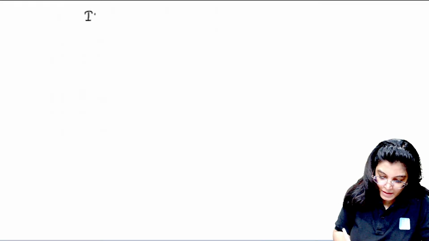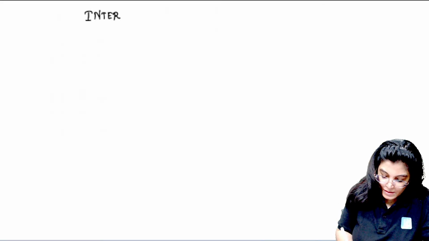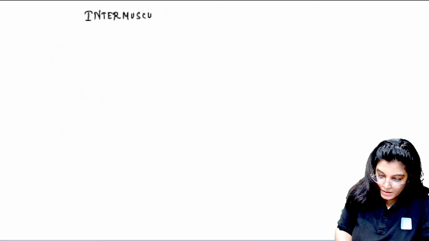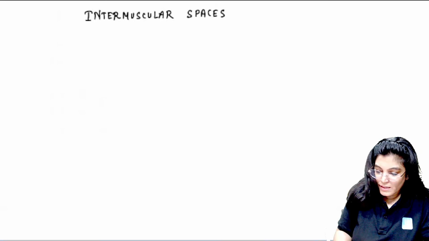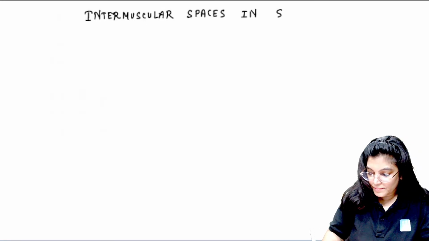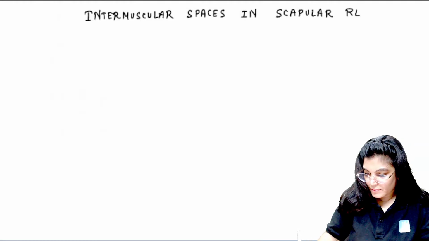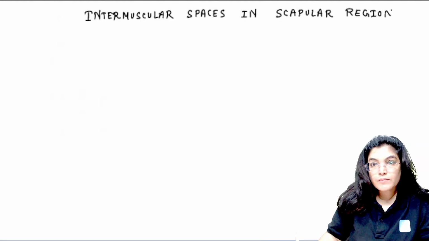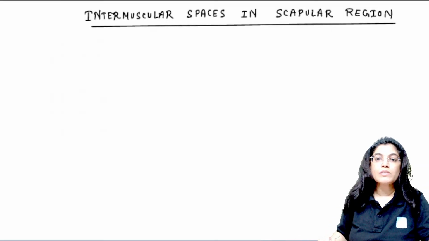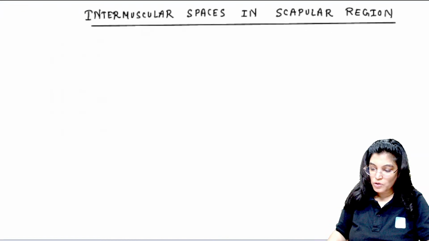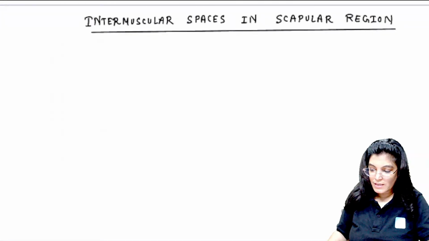You can write the heading: intermuscular spaces in scapular region. This can be asked in the viva, MCQs also, and can be asked as a short note also.